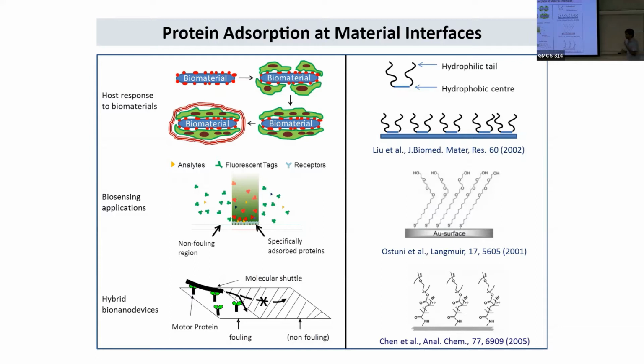One of the most common ways people prevent adsorption or sticking of proteins to surfaces is by taking the surface and coating it with hydrophilic polymers. These are polymers that trap water around them. They love water, and they like to trap these water molecules around them.